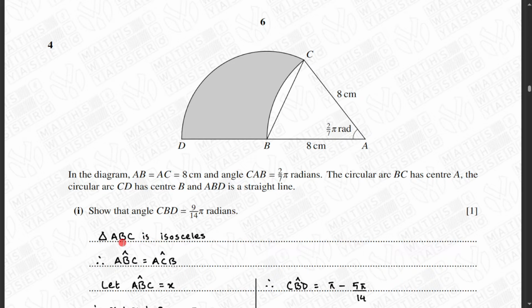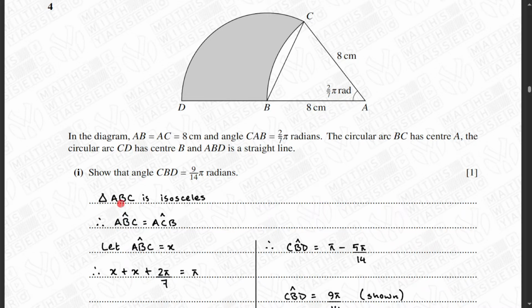So first of all, we know that triangle ABC is isosceles because these two sides are the same. That means angle ABC and angle ACB must be equal because they are the opposite angles of the equal sides. So considering angle ABC x, we can say that 2x plus 2 pi by 7 must be equal to 180.